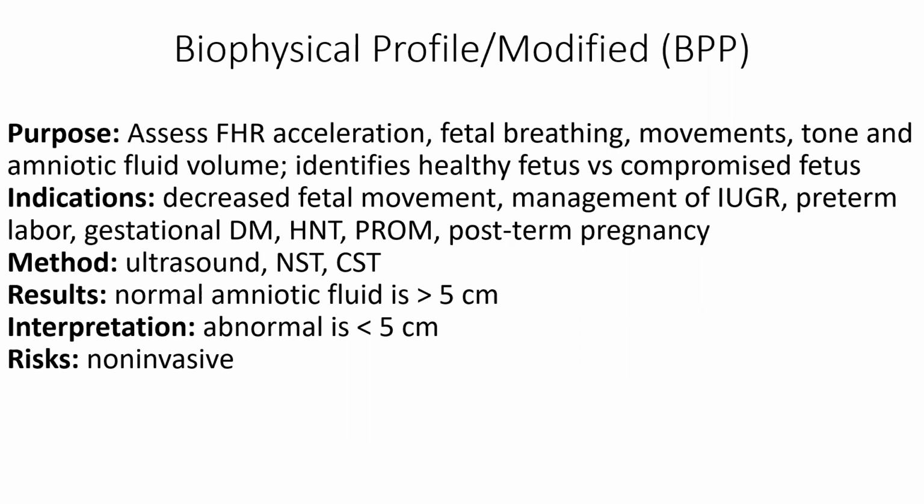A score of 2 is given if the criteria is normal. A score of 0 is given if the criteria is abnormal. A total score of 8 to 10 is considered normal. A total score of 4 to 6 is interpreted as possibly abnormal, and a score of less than 4 may indicate a need for delivery.